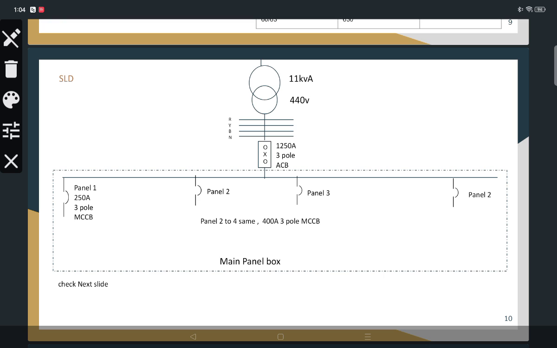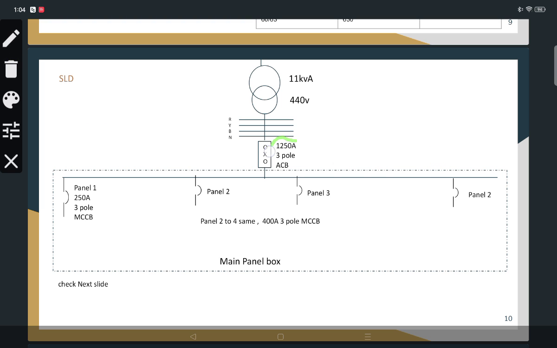In the SLD, you see, this is an 11 kV transformer giving a load at 440 volts. We use a transformer from 11 kV to 440 volts. That is what the government is doing. Now they give us R, Y, B and N, red, yellow, blue and one neutral, three phase.